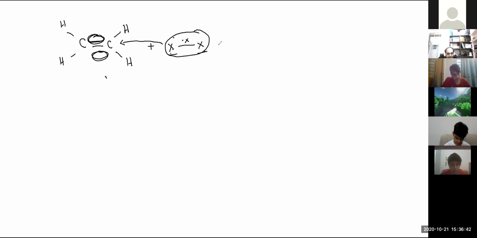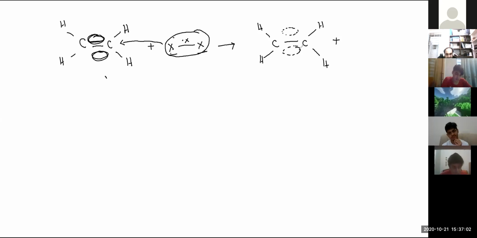Then what happens? Here the circles are the pi bond, meaning the pi cloud. With this, the electrons which were at the center are now pushed to one side. Right or wrong? Yes, sir.